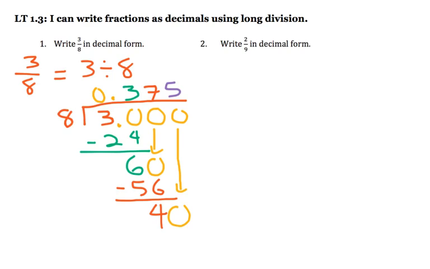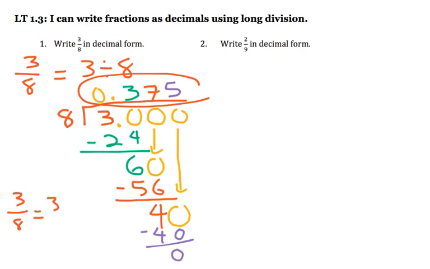So I know that this decimal is going to end, and I have my answer. 3/8 is equivalent to 375 thousandths. And written like this, this is basically what we just figured out, that there's a way to get from 3/8 to 375 thousandths.